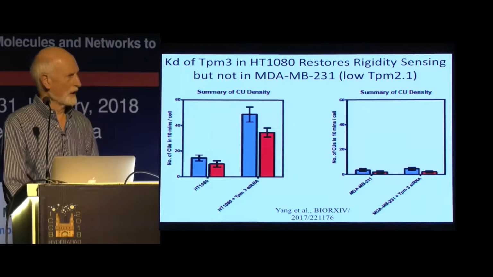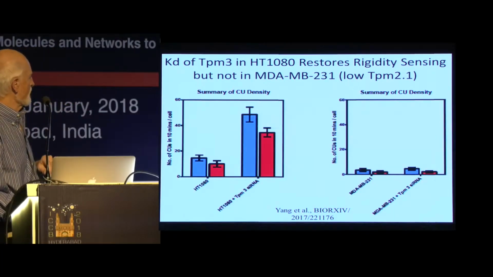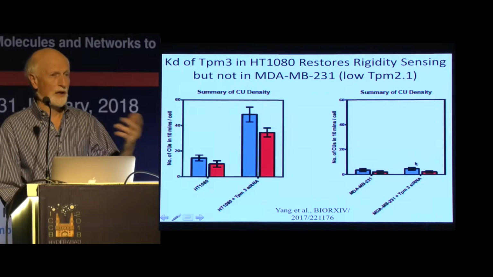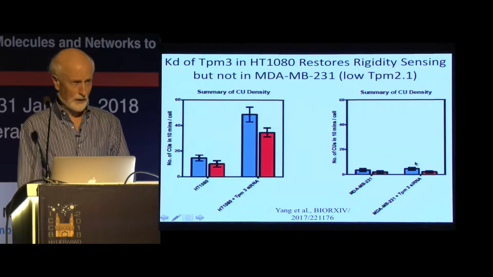So what Beverly Yang did in this study was to knock down tropomyosin 3 in the HT1080s and was able to restore the rigidity sensing contractions on both soft and rigid surfaces, but not with the MDA-MB-231s because they lack tropomyosin 2.1.